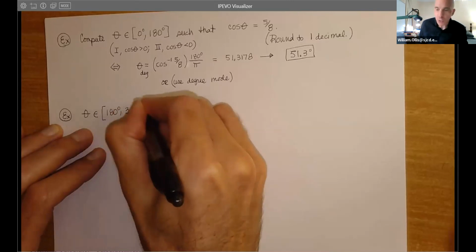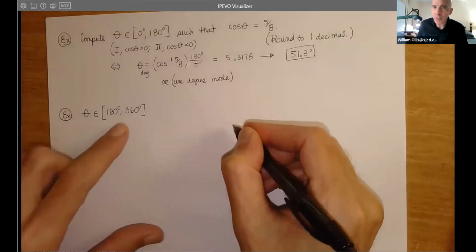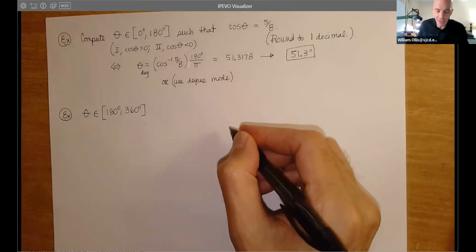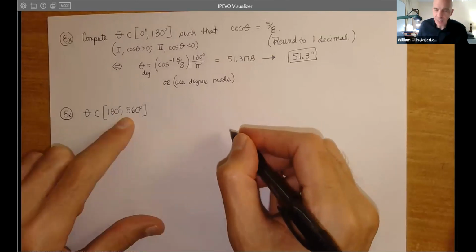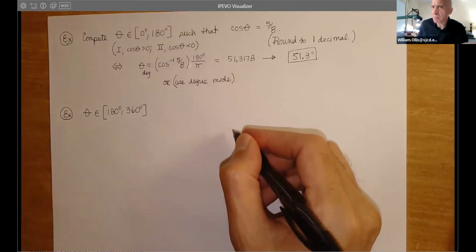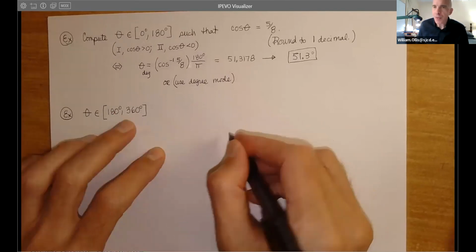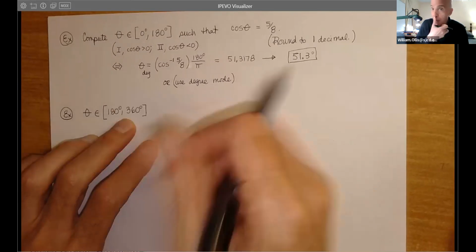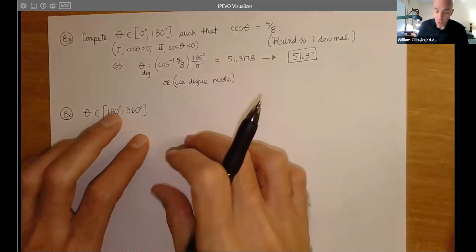So we're thinking about triangles, but we're not really thinking about triangles, because no Euclidean triangle will have measurements here. This is just a general problem. So we're thinking pi to 2 pi radians, basically 180 to 360.